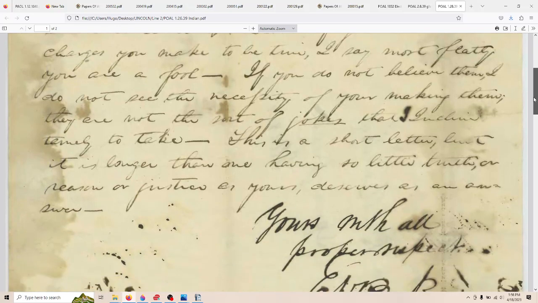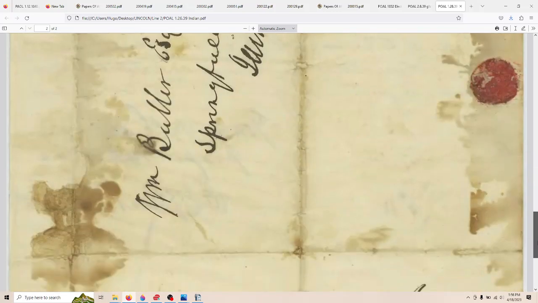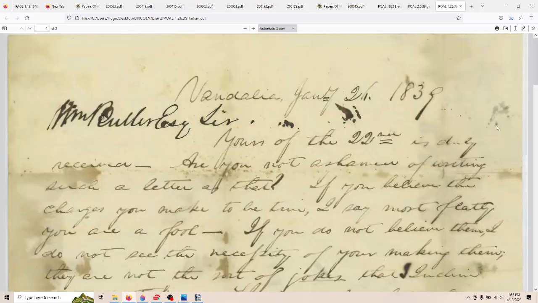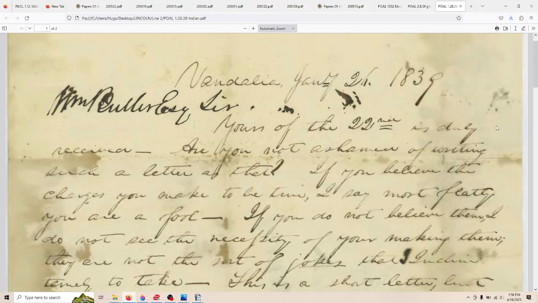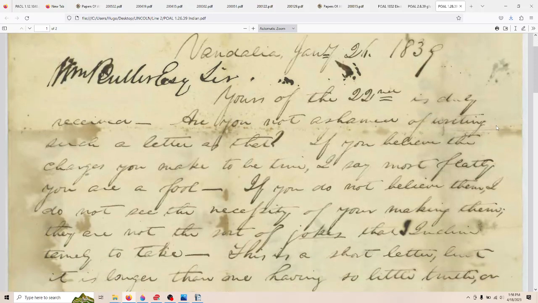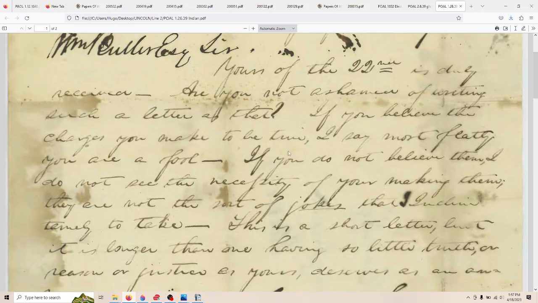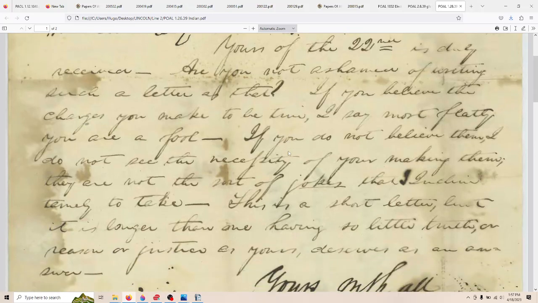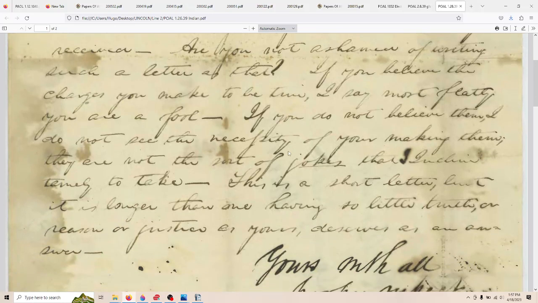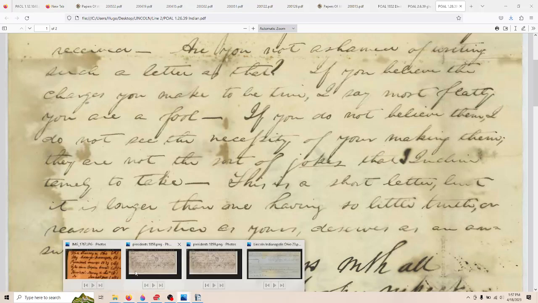So if we look at it, let's just go ahead and go through it. Right here is the word Indian. How does that compare to the sample?